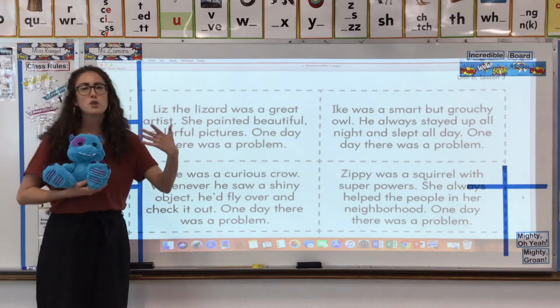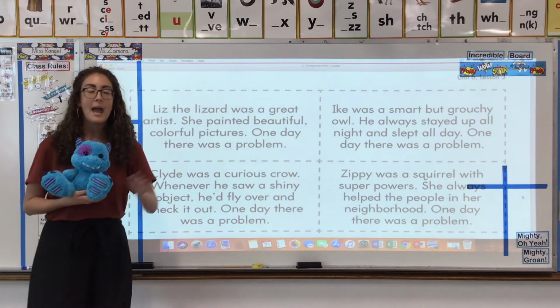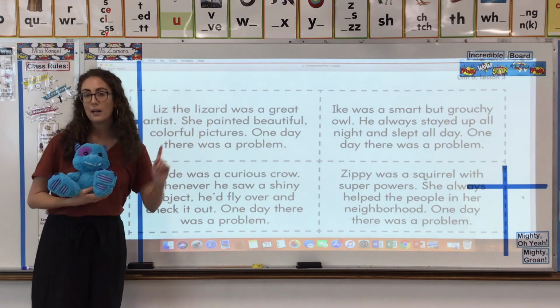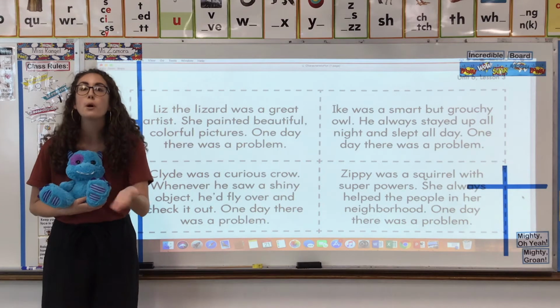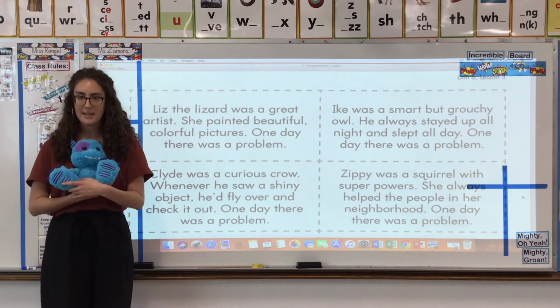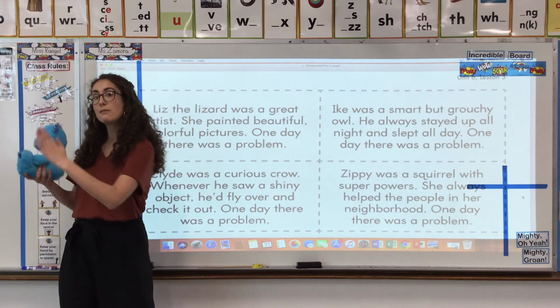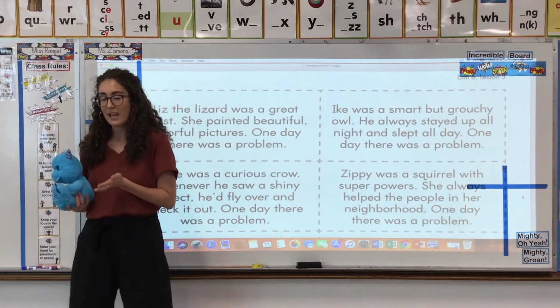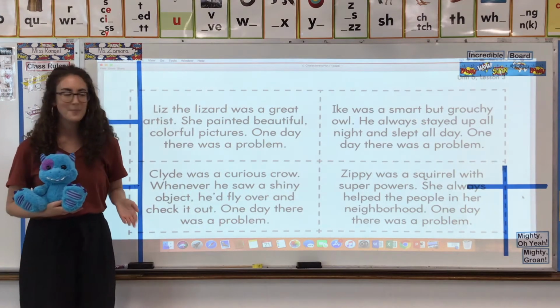It gives us a trait, a little background about them, what they like to do. And based off that understanding of a character, we are going to brainstorm a problem they might face. Because the problem is going to be directly related to what kind of character they are. So let's practice so you can see what I mean.